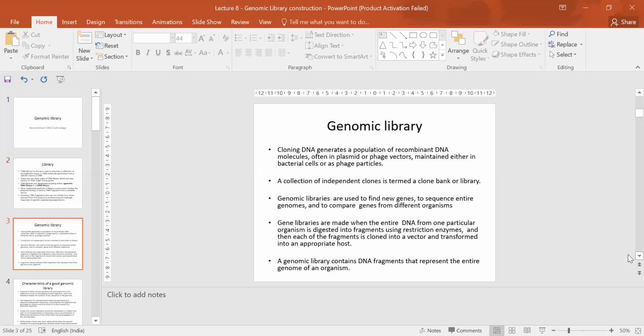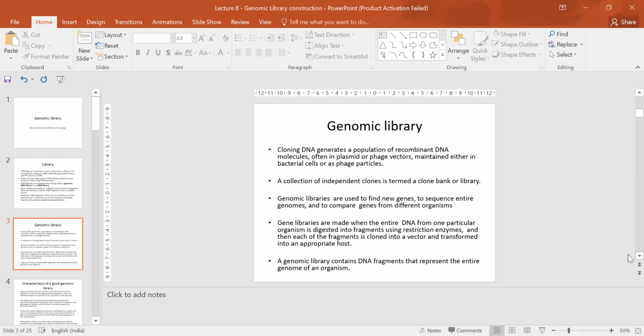Being a recombinant DNA technologist, you have to have a clear-cut idea of the length of the DNA of interest that you want to clone, and what kind of vector you have to use for your purpose. It may be a bacterial cell, or a phage particle, or a BAC or YAC like this. A collection of independent clones is termed a clone bank or library.